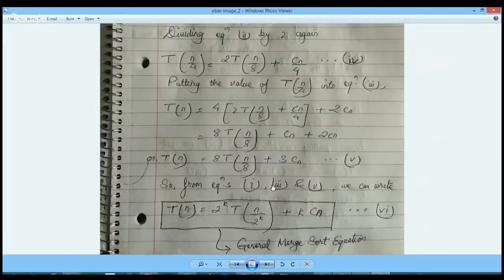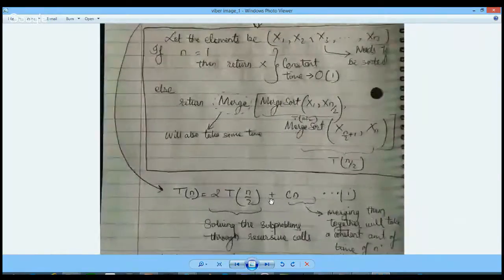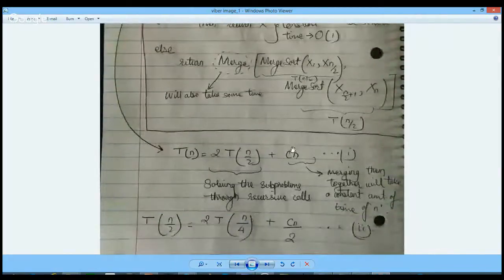So from equations 1, 3, and 5, we can generalize by looking at what expressions are changing. In equation 1, we had Tn equals 2T(n/2) + Cn.